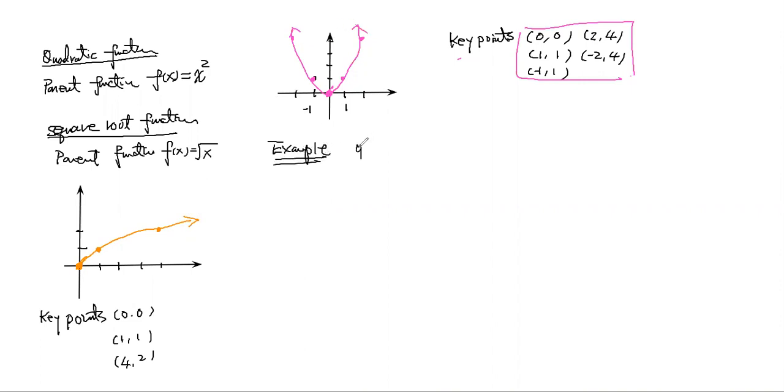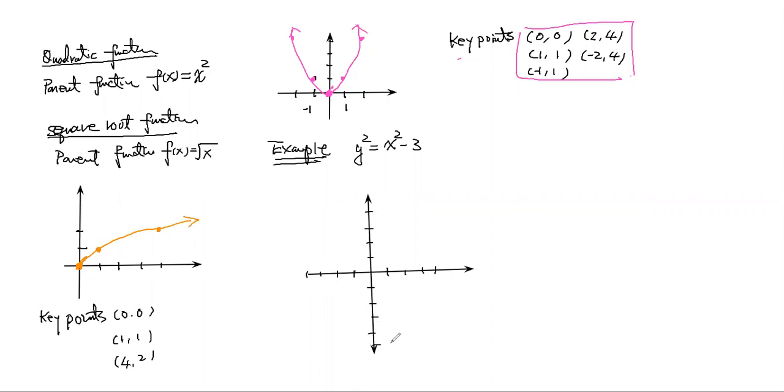If I want to graph y equals x squared minus 3, I'm always starting with the parent function.